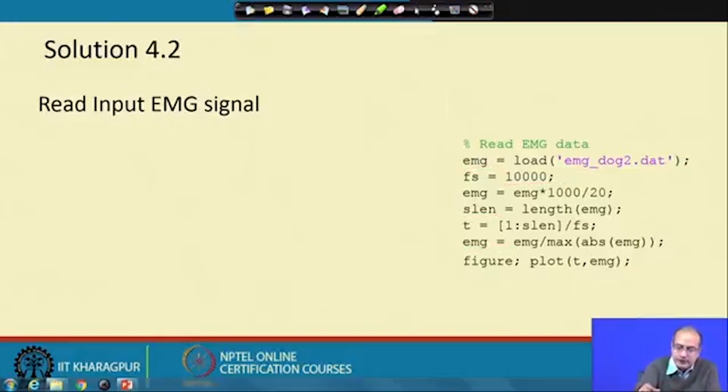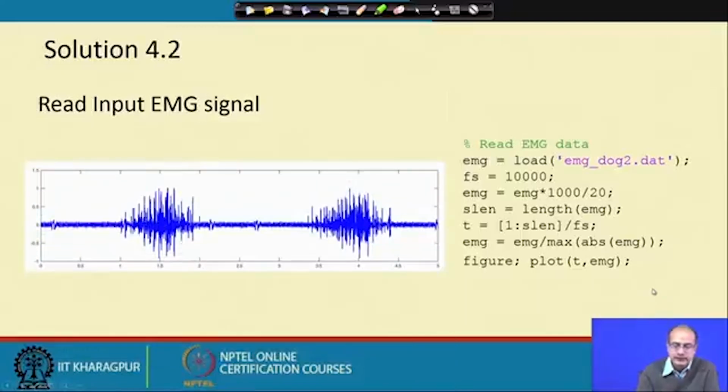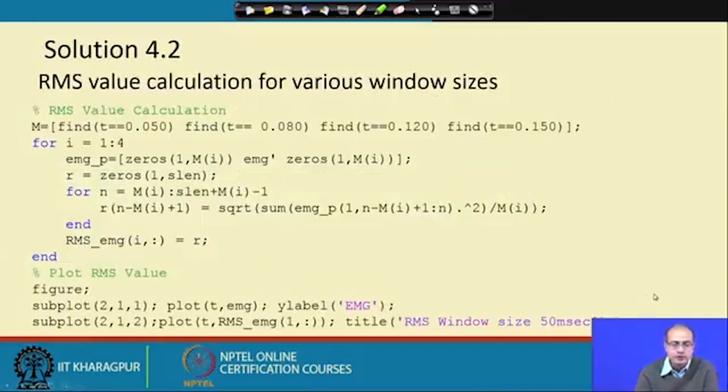The job is to find the envelope. Here is the EMG signal that is given, which we have plotted here, and next we go for the calculation of the RMS value.